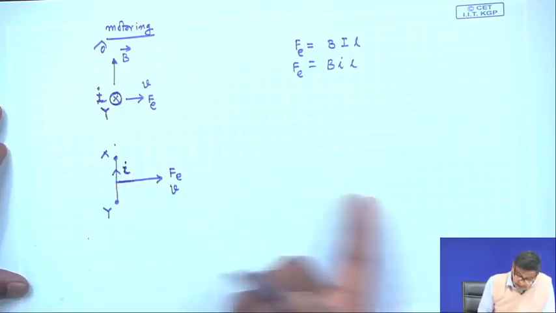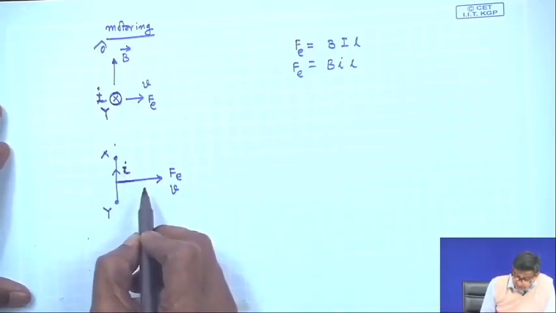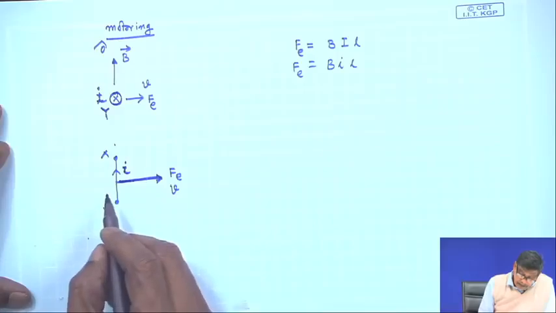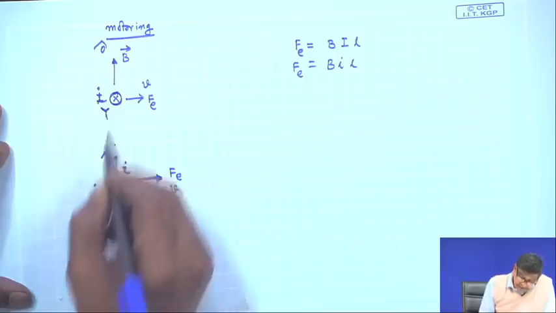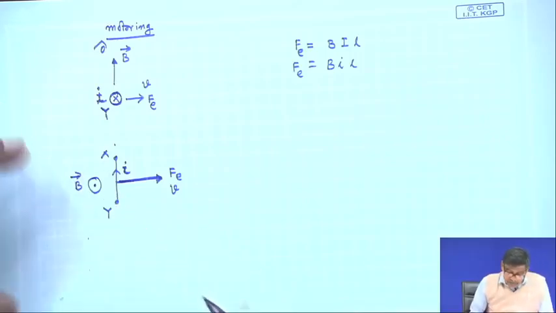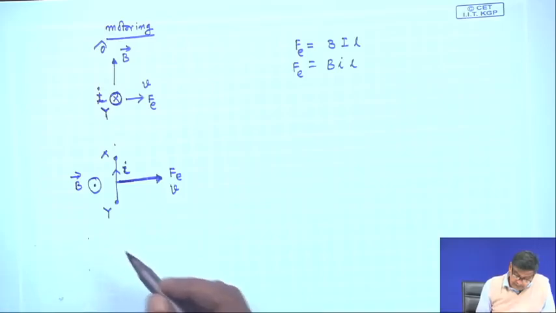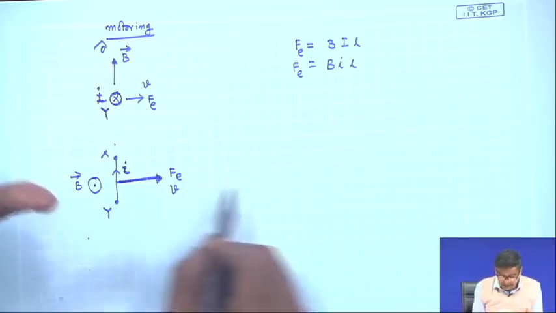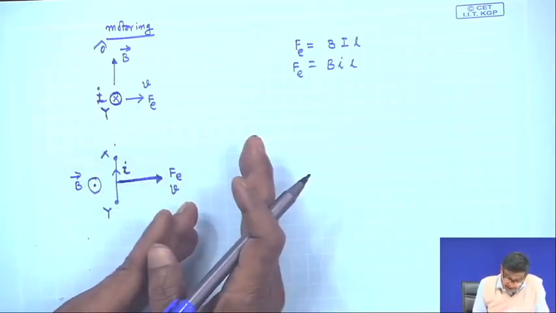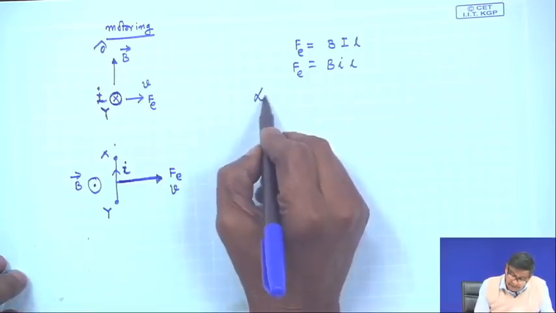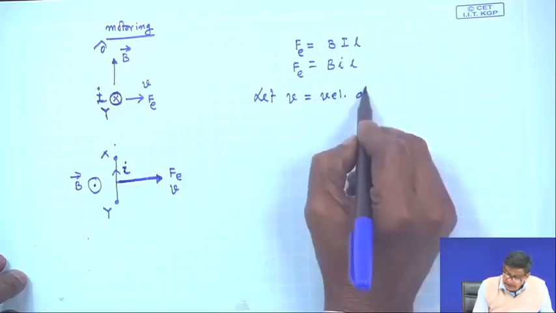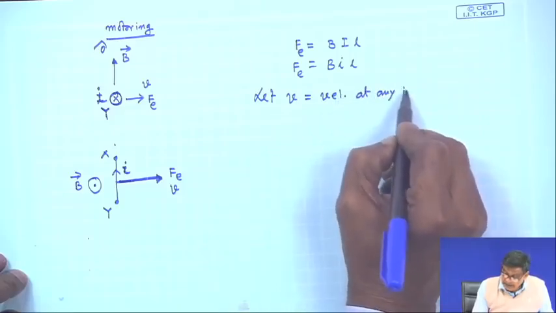This is the direction of force. And B is coming out of the paper. So, you see B, i, L, this is the force. But now suppose the conductor has started moving, and at any time t, v is equal to the velocity at any instant t.